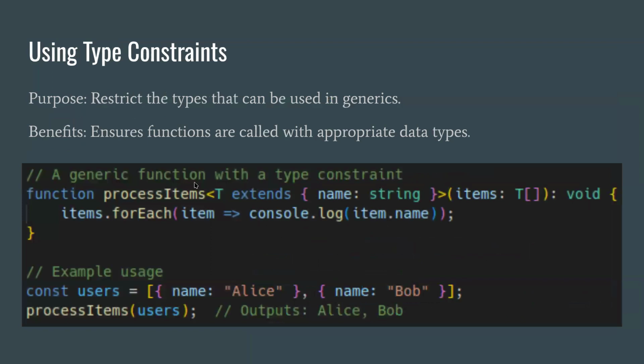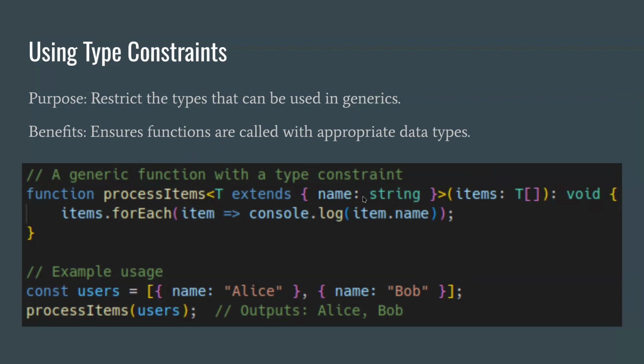For instance, if we need a function that processes objects with a name property, we could have this function processItem, and instead of just having T, it would extend an object with a name.